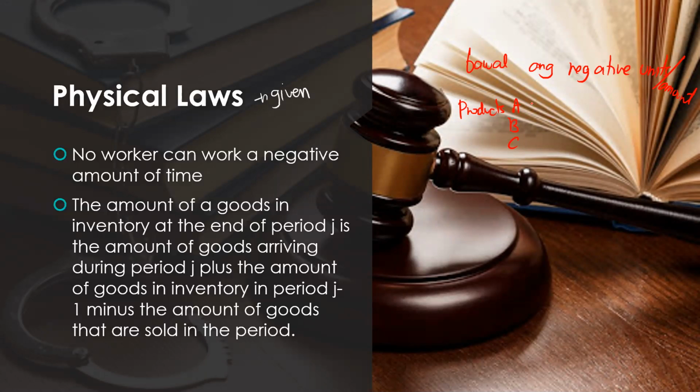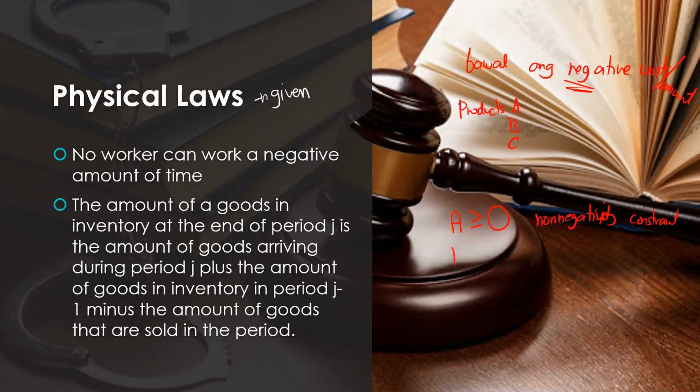Okay. So, nire-represent natin siya as an additional equation. Then, for that case, bawal ang negative na units. Pwede nating mailagay na dapat yung A ay greater than or equal sa 0. Again, ang tawag dyan, non-negativity constraint.